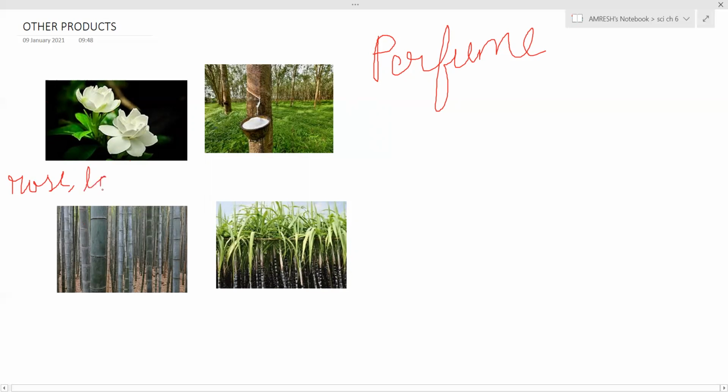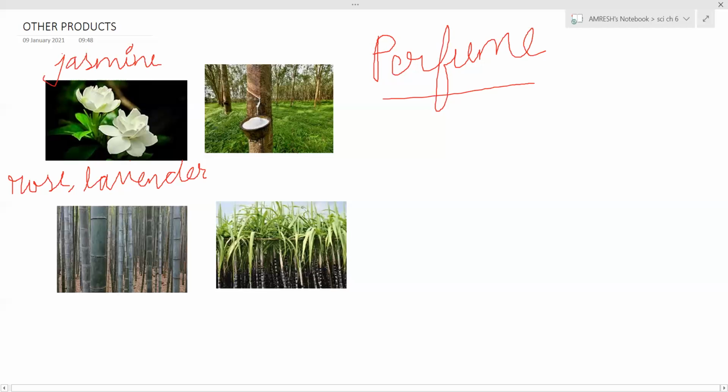Lavender, you must have heard this name. You must have seen these names on room fresheners. They are all prepared from these plant products, these plant flowers basically. So you can write jasmine. They are all plants of good smell.